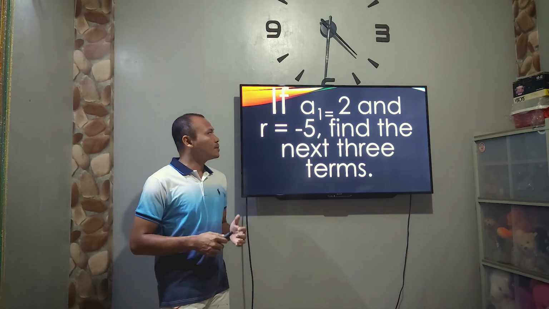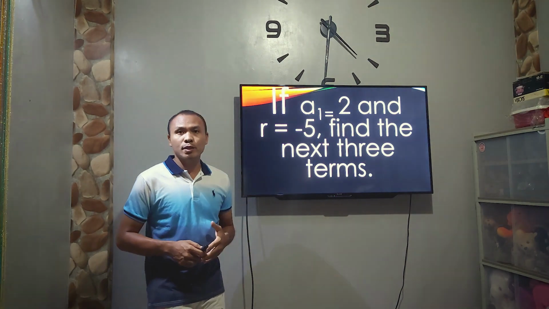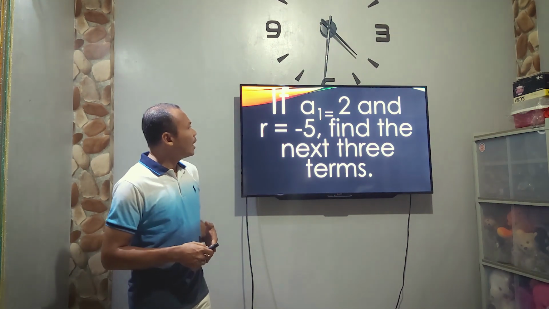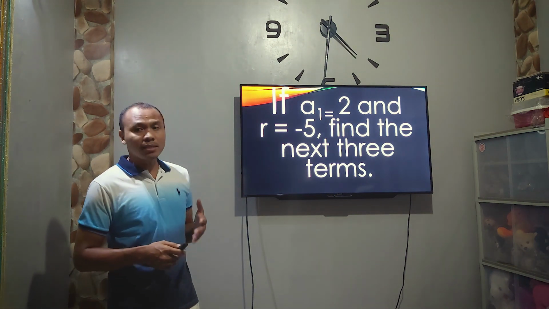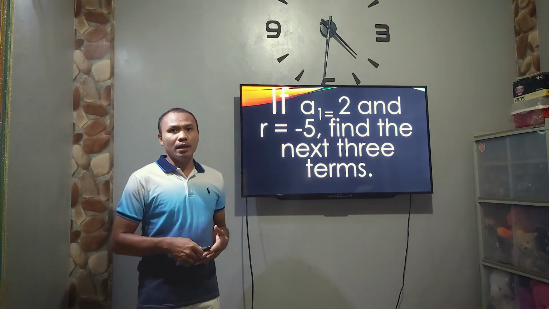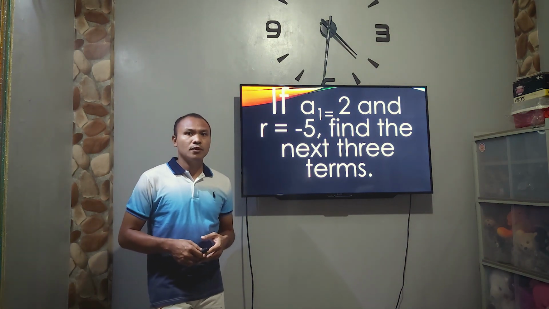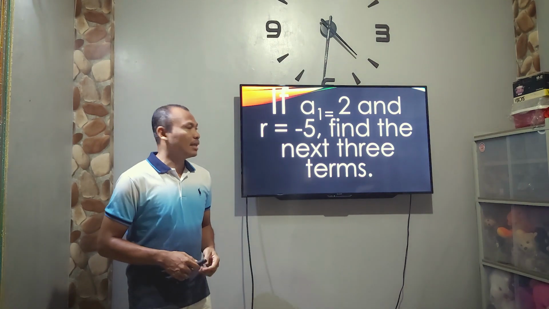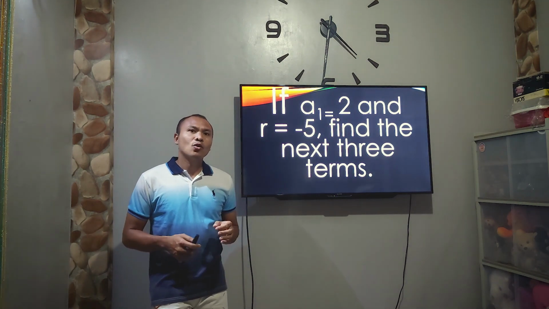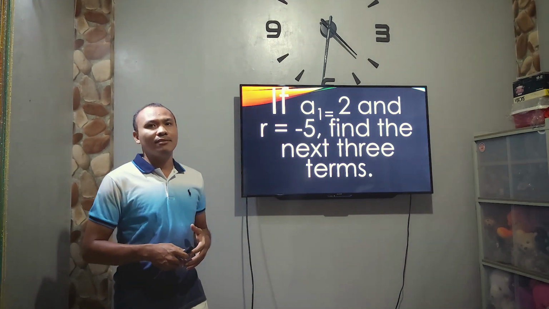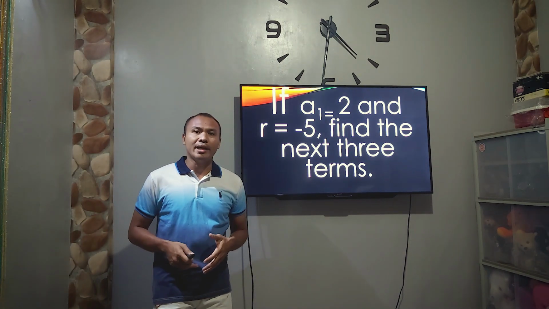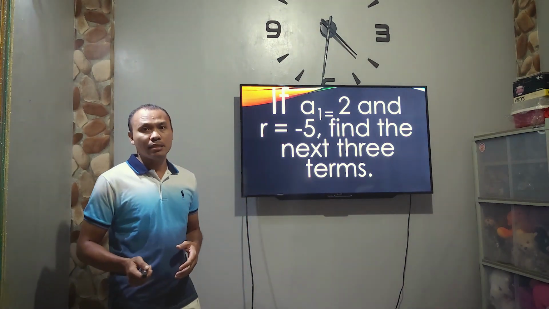And negative 10 times negative 5 will result to positive 50, I mean. And 50 times negative 5 is negative 250. Again, if we will multiply unlike signs, go back to your previous lesson in grade 7. In multiplying unlike signs, its product is always negative.